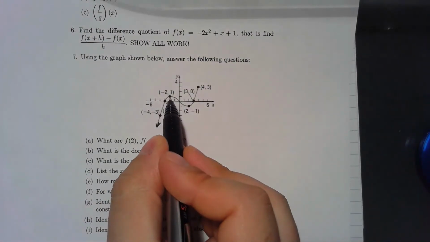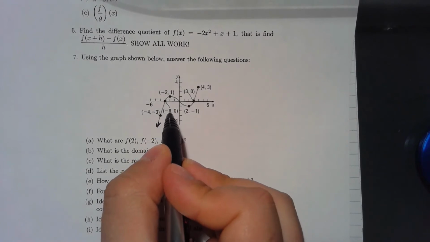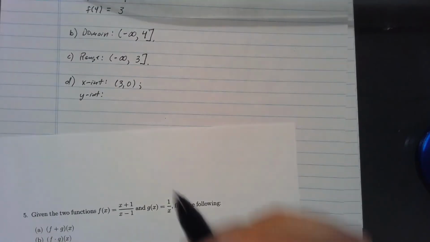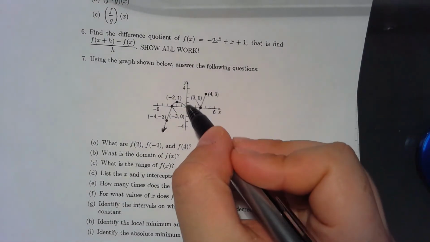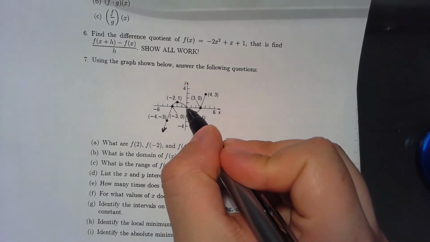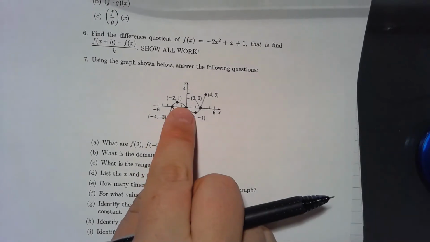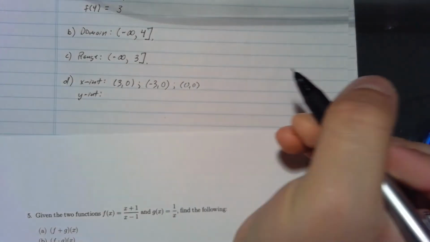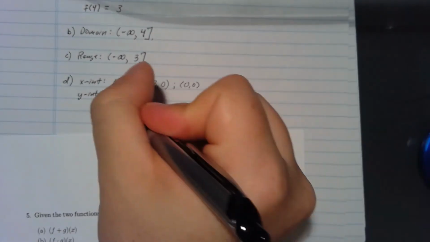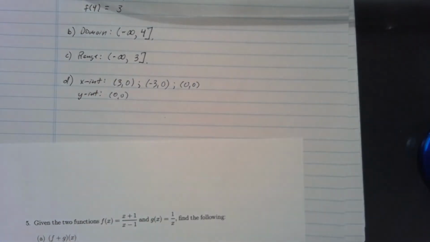And then the other one is negative 3, 0. The y-intercept is where it crosses the y-axis. So the only place it crosses the y-axis is at the origin right here. Which means, actually, we have another x-intercept. I forgot about that. 0, 0. My bad. And then the y-intercept is also 0, 0. That's it.